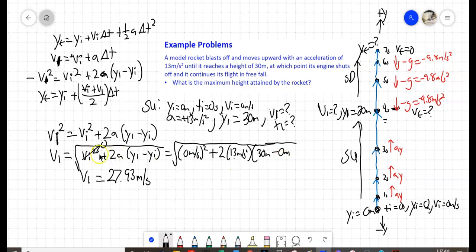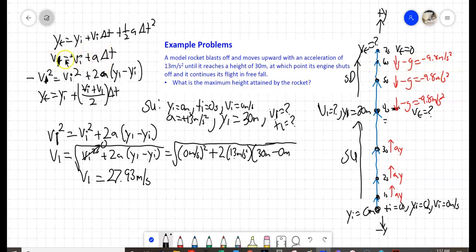So that's the speeding up portion. Now it's going to be slowing down as it's moving upwards to its maximum height. Okay, and it's going to get to some maximum height at negative 9.8 meters per second squared.